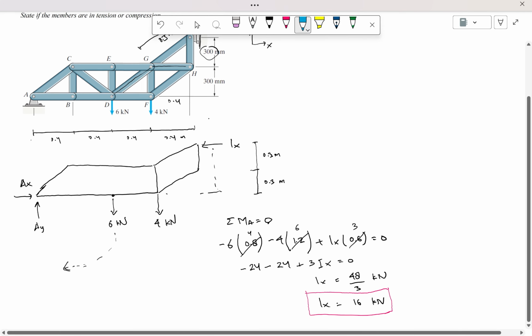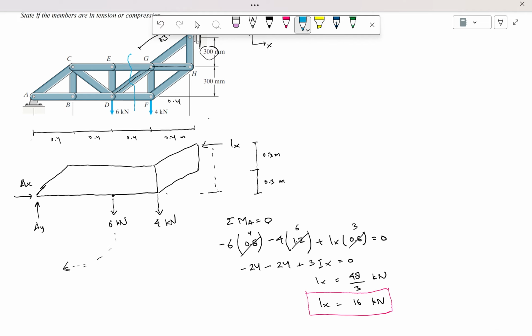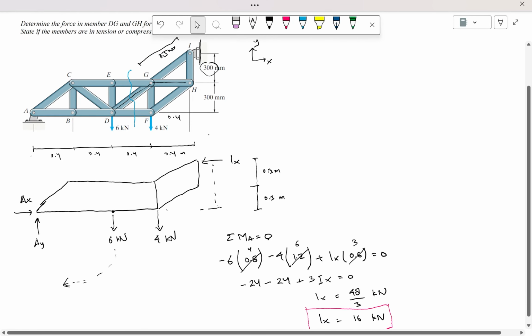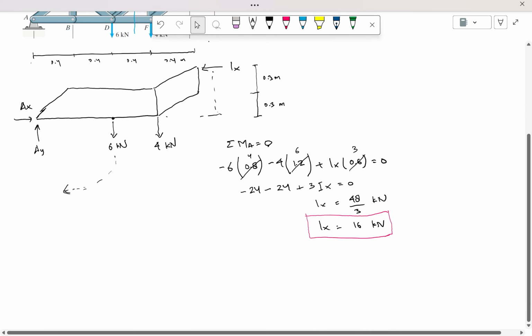How to solve that? We make a section like this. So let's continue. Let me redraw again.